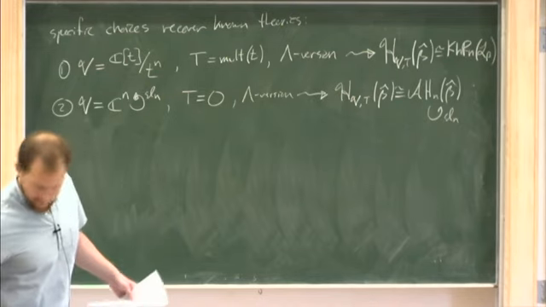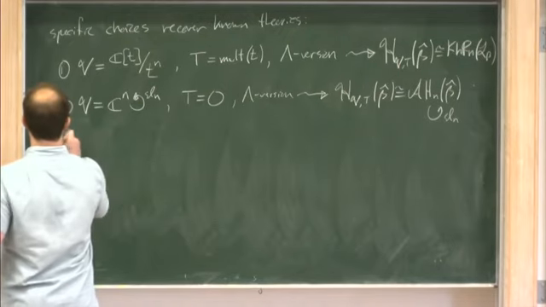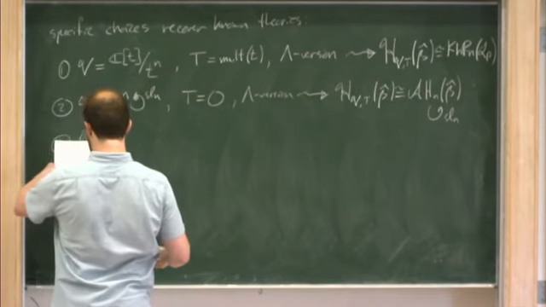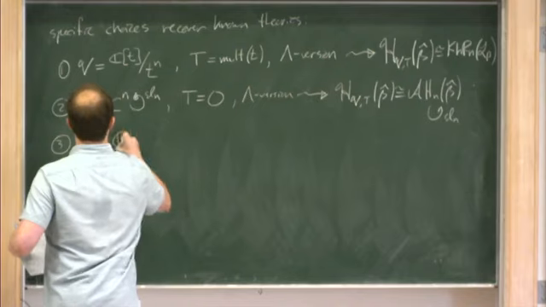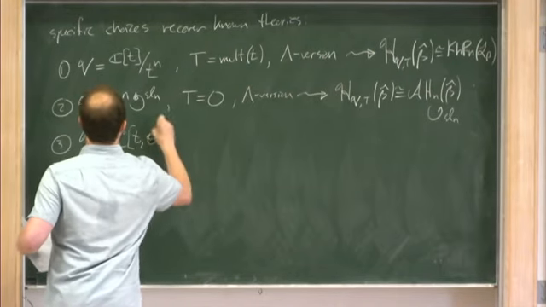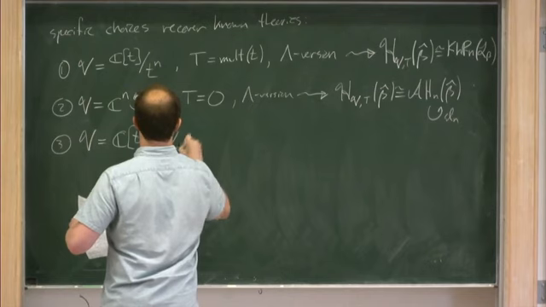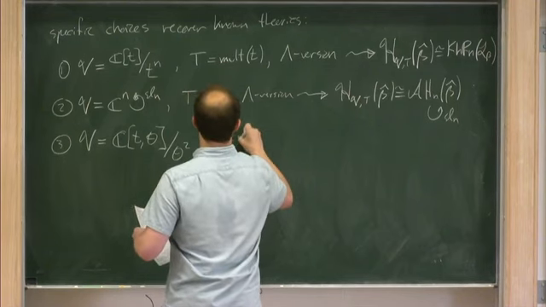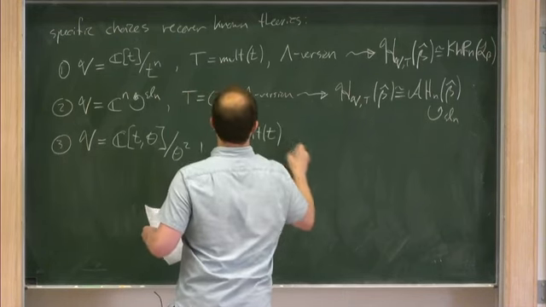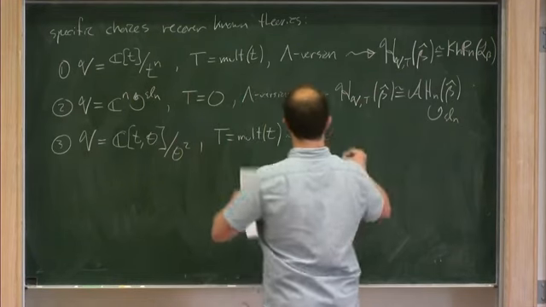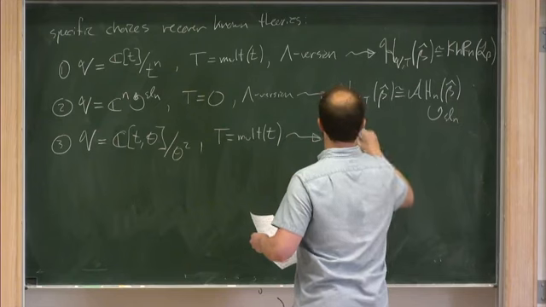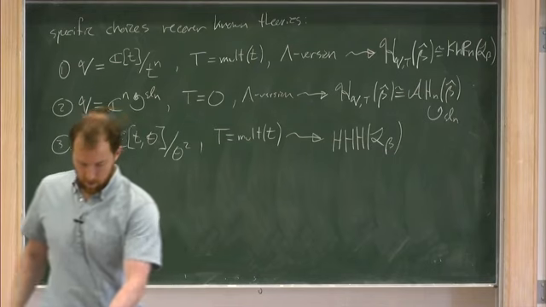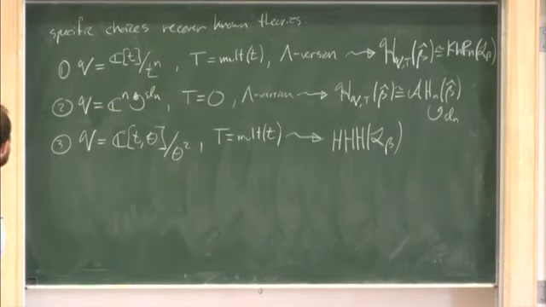So let's see, running out of time, so let me give one more case and then maybe quickly draw a picture. So if I let this be the HOMFLY-PT homology of the unknot, and let T again be multiplication by t, I recover the triply graded link homology, triply graded Khovanov-Rosansky homology.